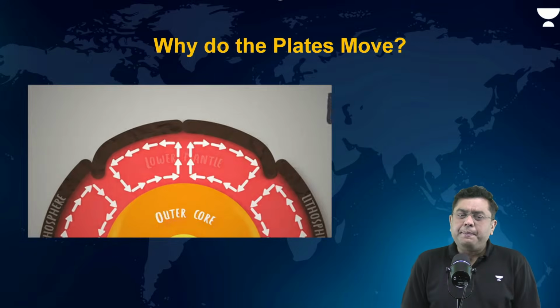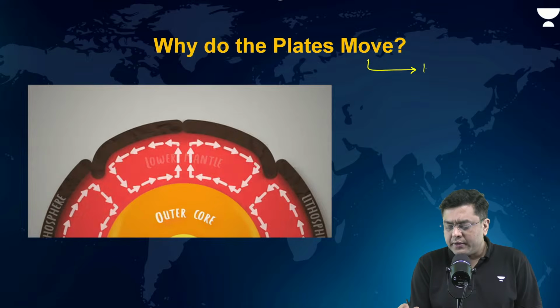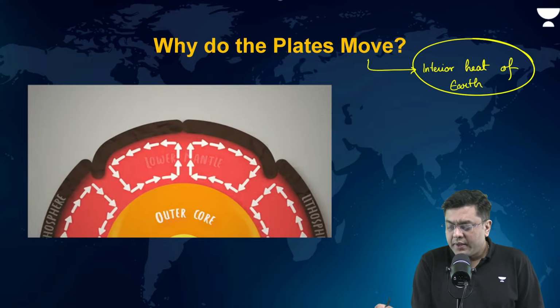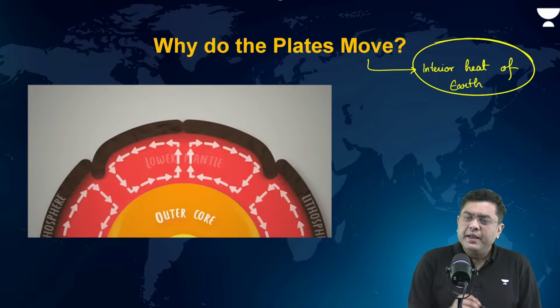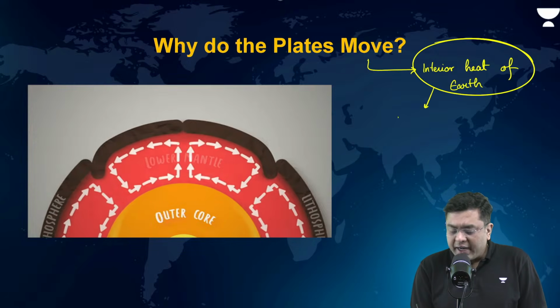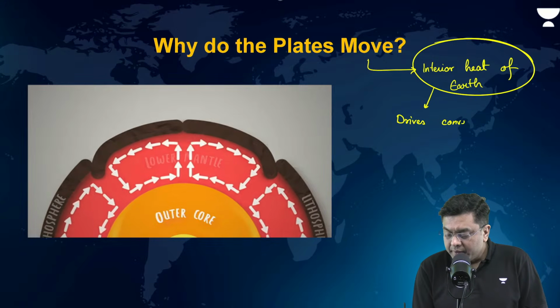The reason that the plates move is because of the interior heat of planet Earth. Interior heat of Earth. As simple as that. A substantial amount of heat is present in the interior, and that heat comes to the surface. It drives convection current, isn't it?